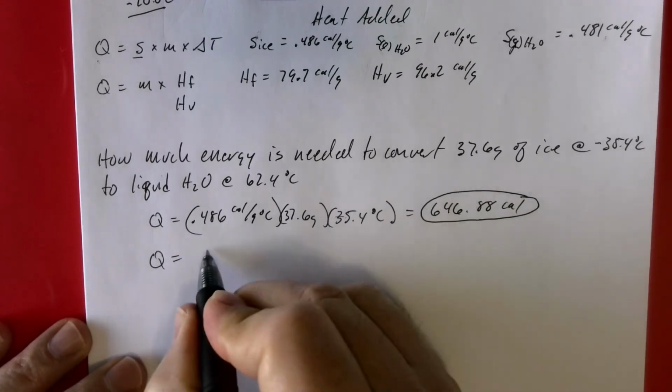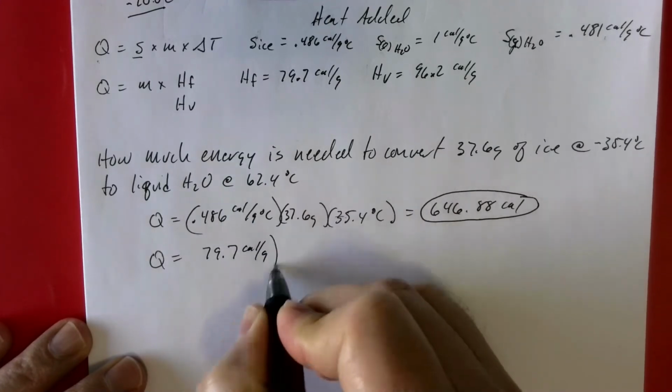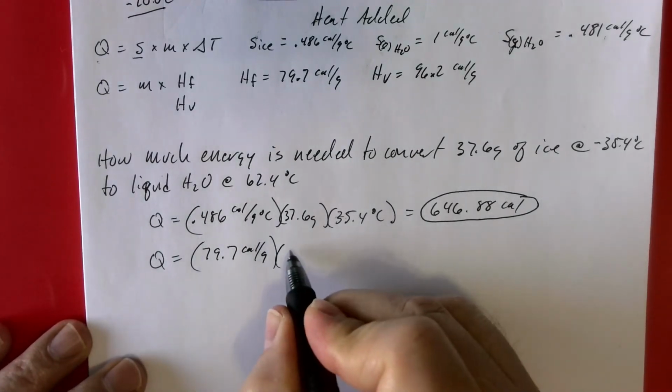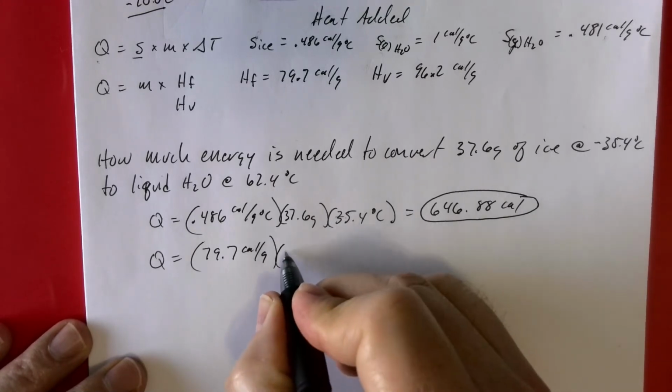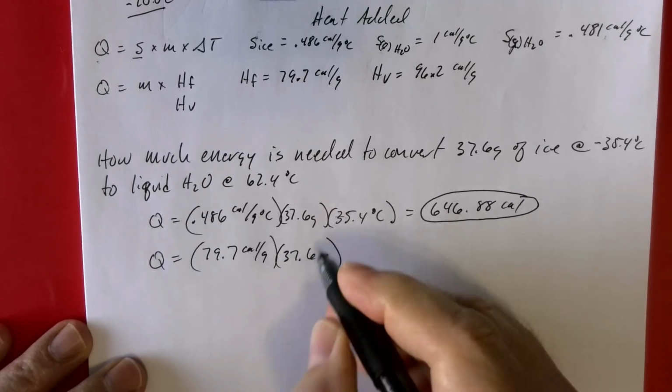So I'm going to go 79.7 calories per gram, and I'm going to times that by my what? 37.6 grams. My grams go away.